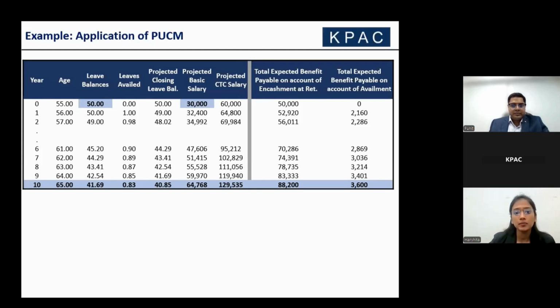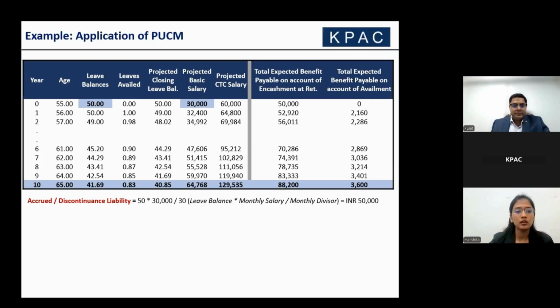We are also projecting the basic and CTC salaries. And most importantly, the total expected benefit payable, both on account of encashment at retirement and on account of availment during service. So you can see how the projected basic salary increases year on year due to the salary escalation rate here.